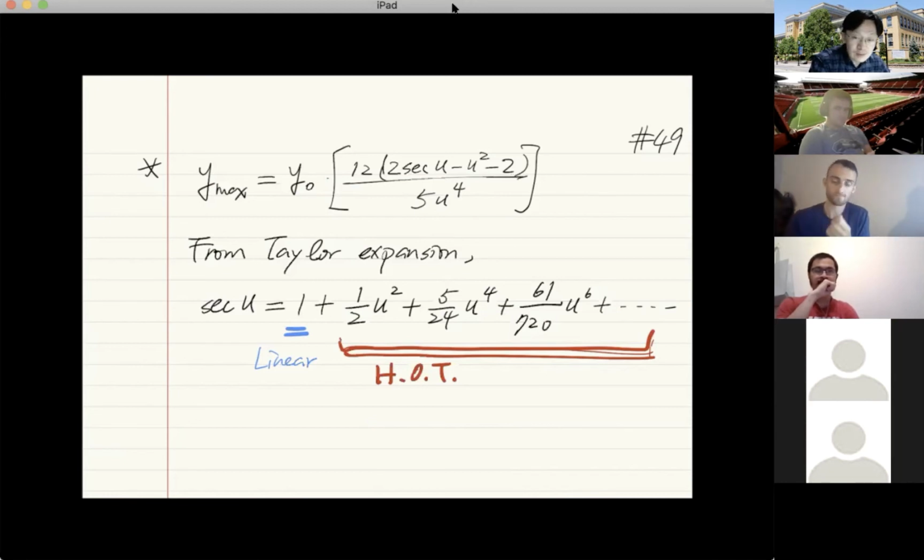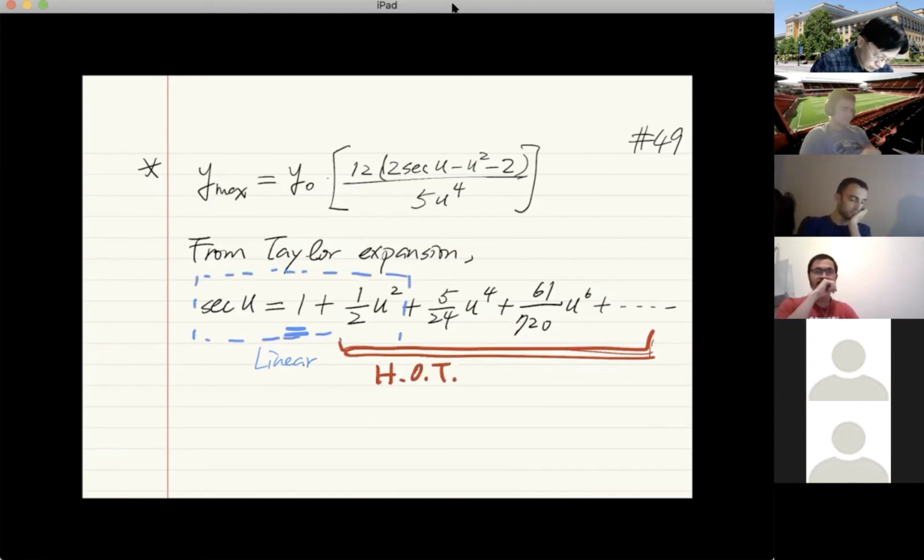If none of them is linear, which means you must consider at least one higher order term, at least one. That means the minimum is you must have this. Otherwise, your expansion is just wrong. If you consider only linear term, it's wrong because sec u is not linear. Okay?